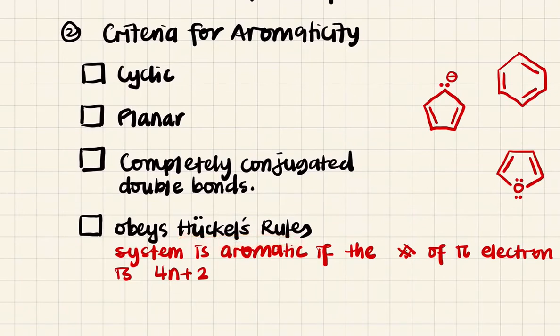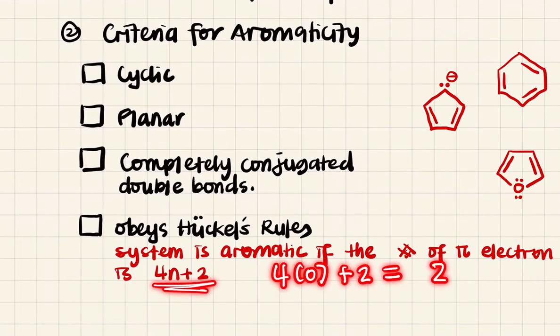So Huckel's rule tu apa? Huckel's rule is the number of pi electrons you have within your ring. Dia kena ada a specific number of pi electrons. So contoh, kalau let's say awak guna formula ni 4n plus 2, and awak dapat 2 pi electrons. Kalau dia ada 2 pi electrons, maksudnya dia ada 1 double bond, atau satu double bond dengan a pair of lone pair electrons, dan itu kira dia obey Huckel's rule.